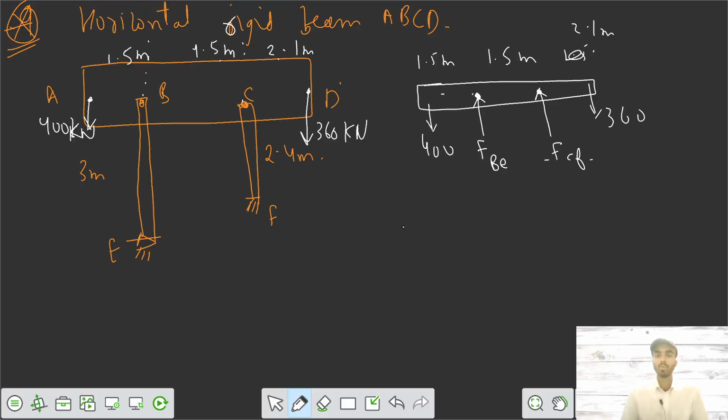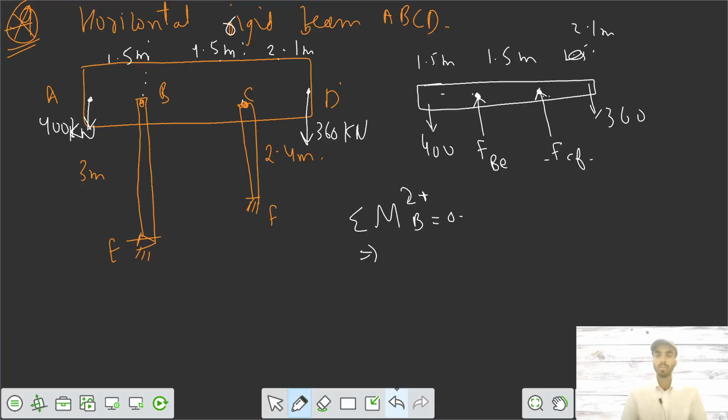Now we need to calculate two forces. If we calculate the summation of moments at any one of the two points, we can get the value of the other. Say taking the summation of moments at point B equals 0, keeping clockwise moments about B as positive.